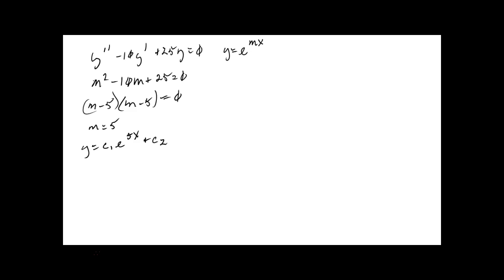But it's a second order. You got to have two. What do you use for the second one? Okay, go back to the case 2 on the opposite page. Repeated real roots. Oh yes, you put an x in the next one. Plus C2 x e to the 5x. There, your two independent solutions.